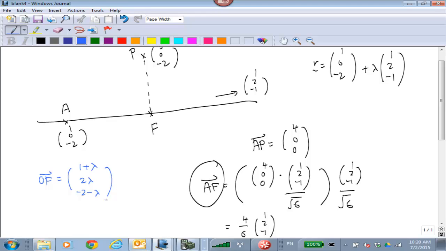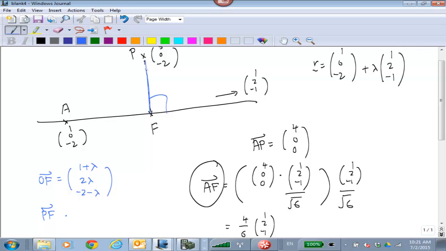So how to find lambda? The way that I do is this. This triangle is very useful to me. Meaning, PF dot with, may I guess, dot with, look at my picture. AF is this one, PF is this. PF is this. Dot with what? No, not AF.